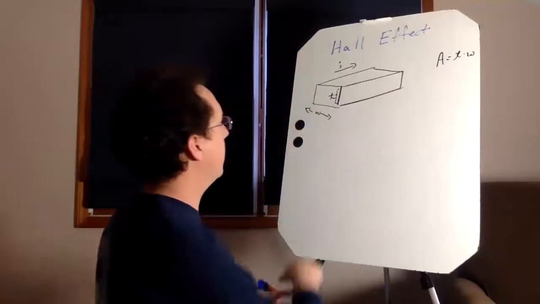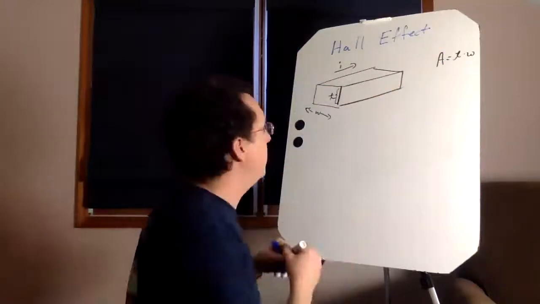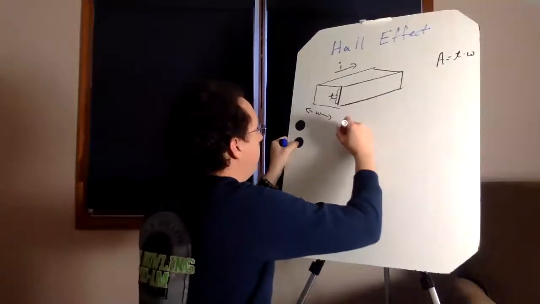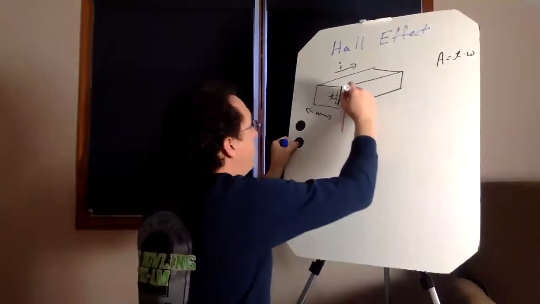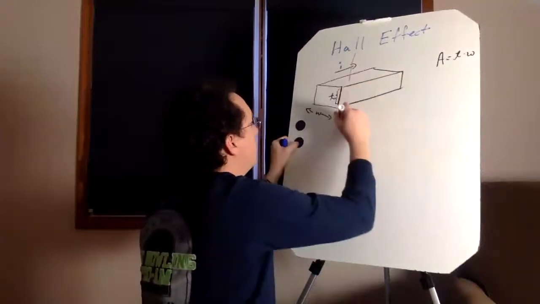Now, we're going to have a current flowing along the body of the stick of gum, or the ribbon, and then we're going to have a magnetic field, and I want to do that in red. A magnetic field which is going to go perpendicular to the stick of gum.